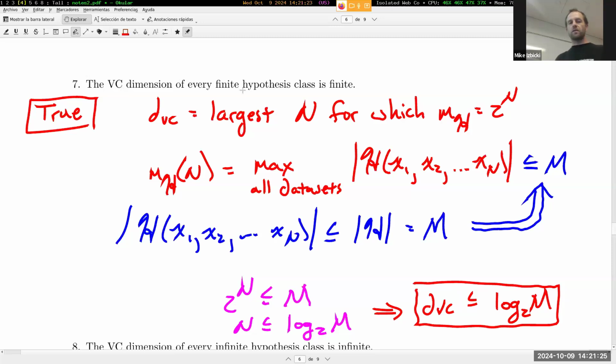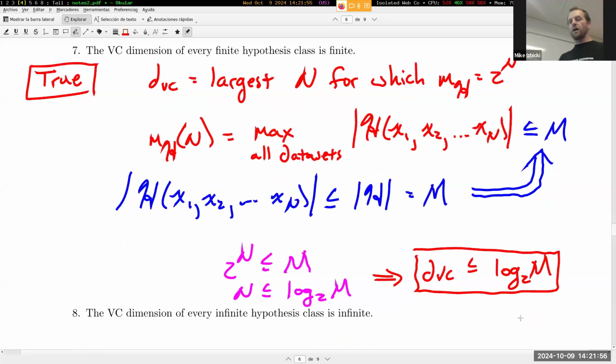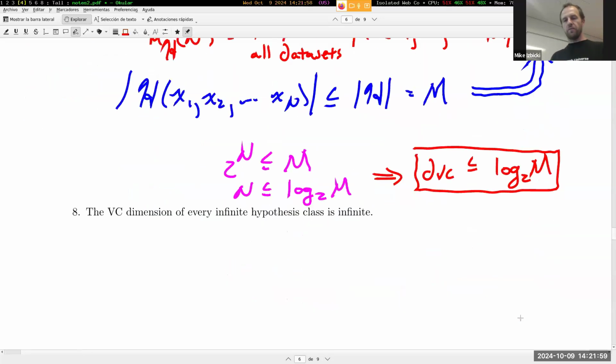It's only asking, do we know that it's finite? And in this case, we know that it's finite because we've given a concrete finite upper bound for the VC dimension right here. One useful thing to check our work at this point is to think: if we were to plug this formula in for our VC dimension bound, how does that compare to our bound from the finite hypothesis class generalization theorem?